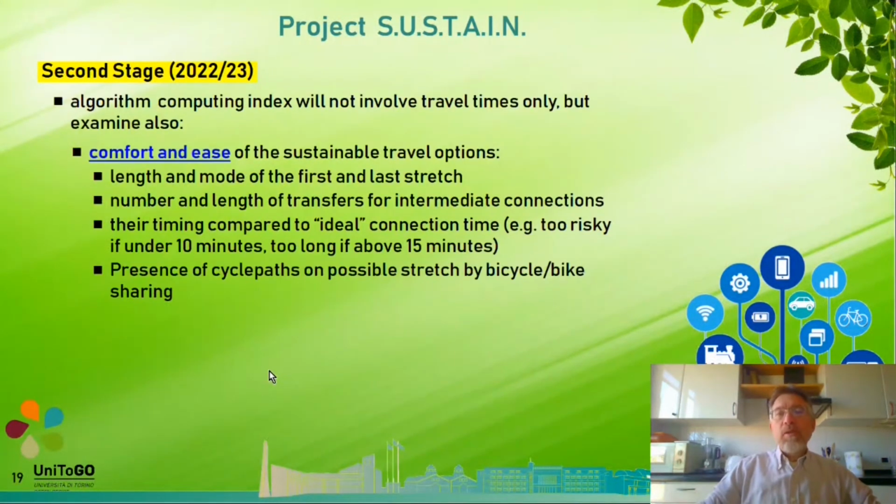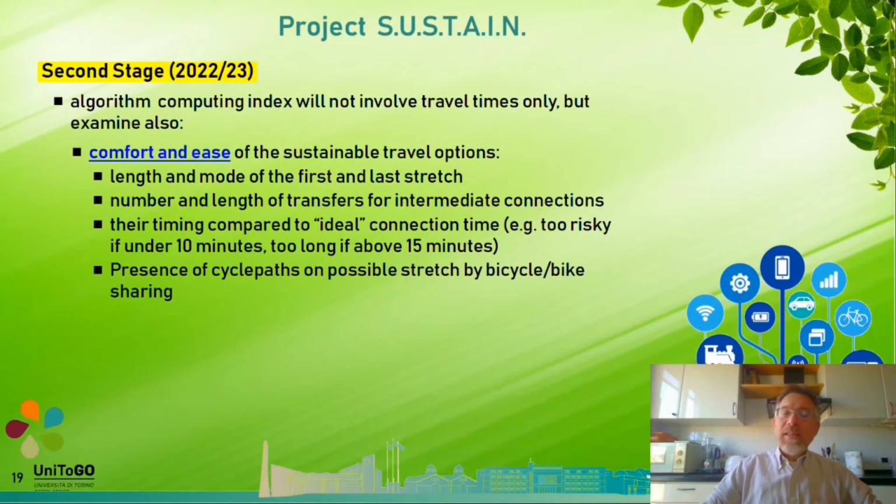Not only that, because we could go beyond simple time computations. If you want to understand how easy it is to go to the university with a sustainable solution, you could also evaluate the comfort and ease of the sustainable travel options.